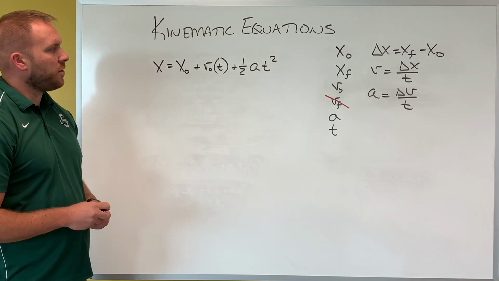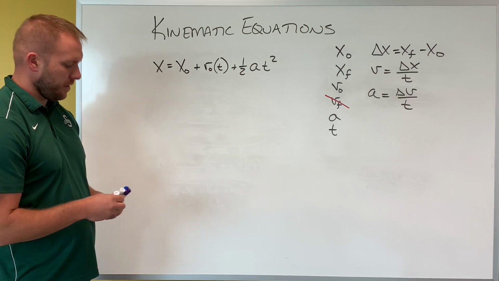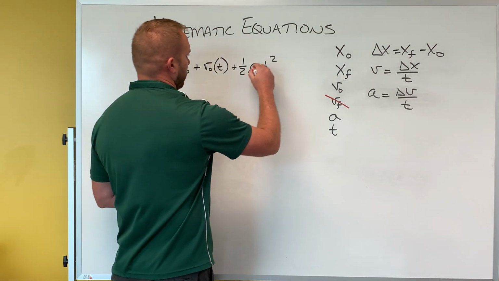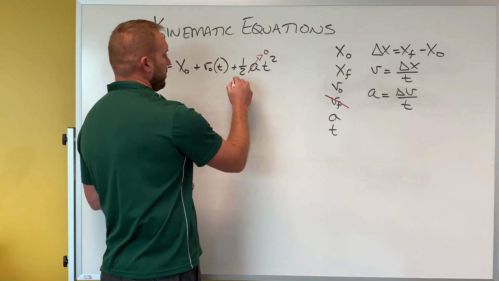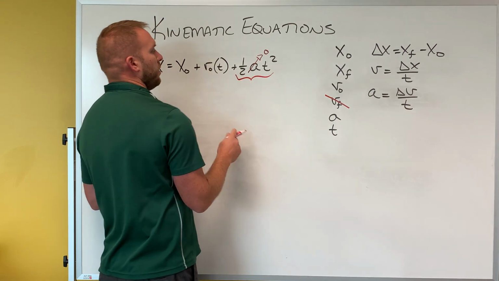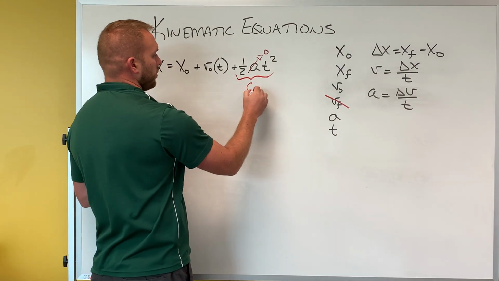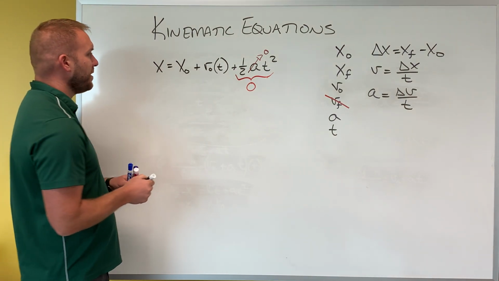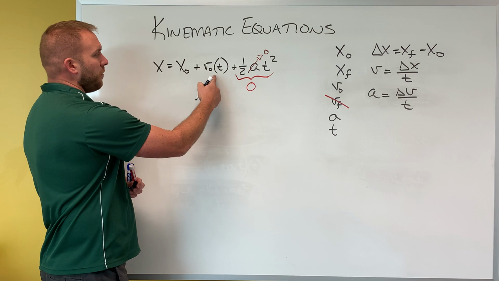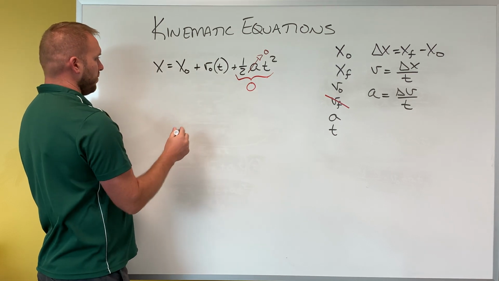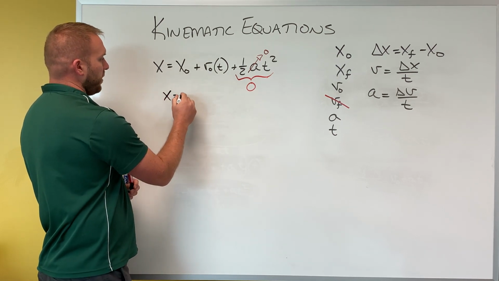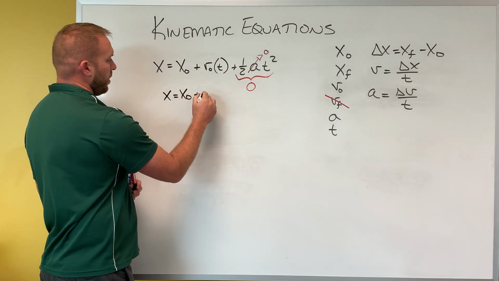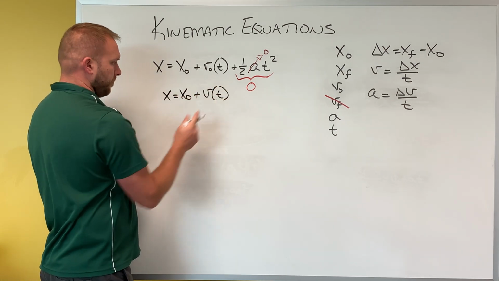One thing that we can do with this is, let's imagine that there is 0 acceleration. So if acceleration in my problem is 0, that makes this entire part of the equation 0. And from that, I can then solve this for velocity. And so I would have final equals initial plus velocity times time.